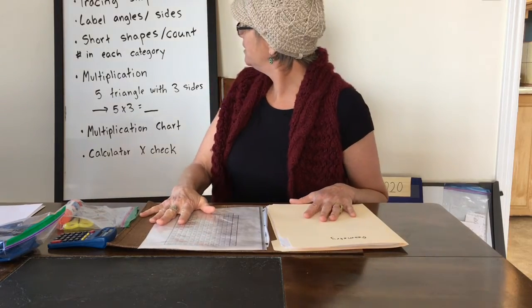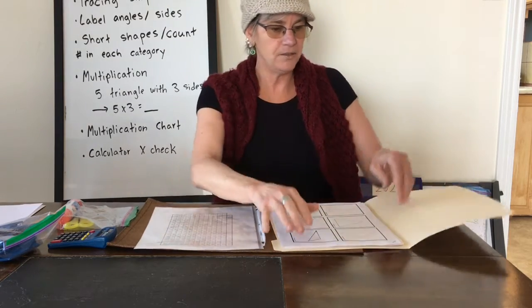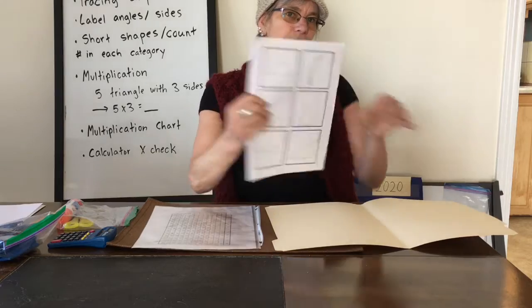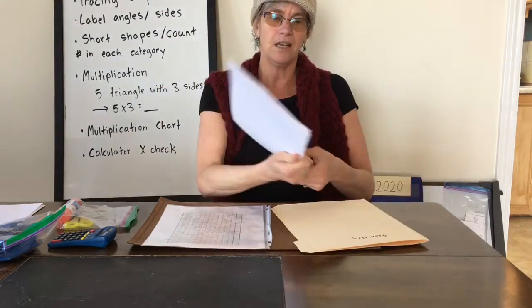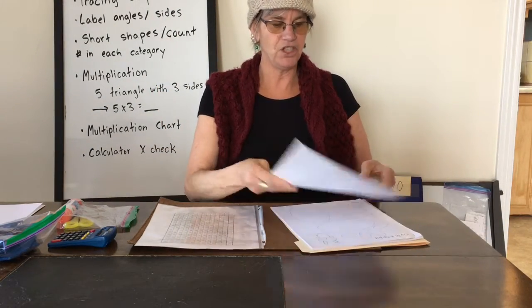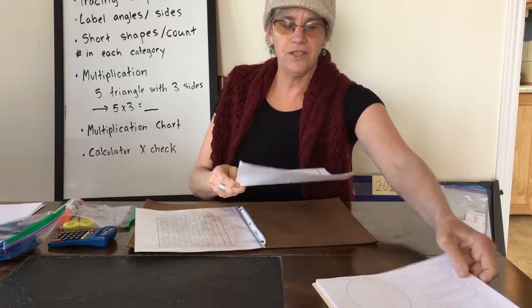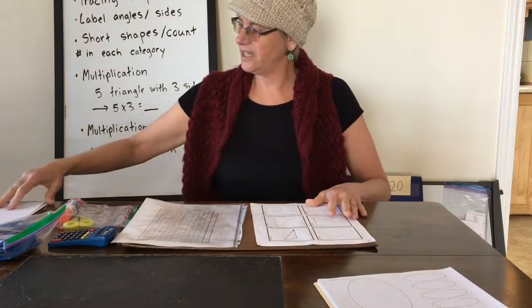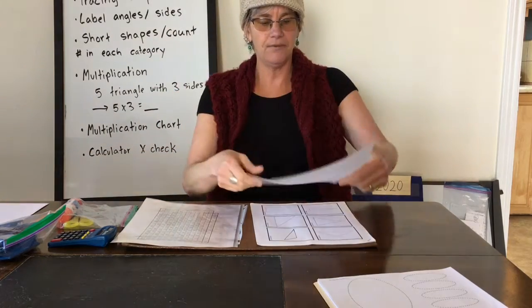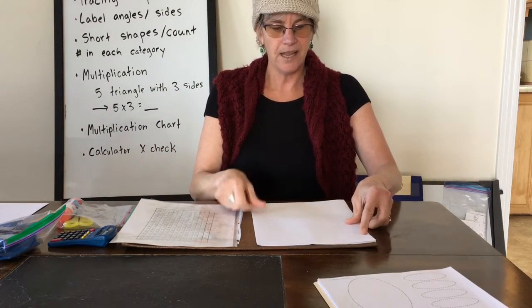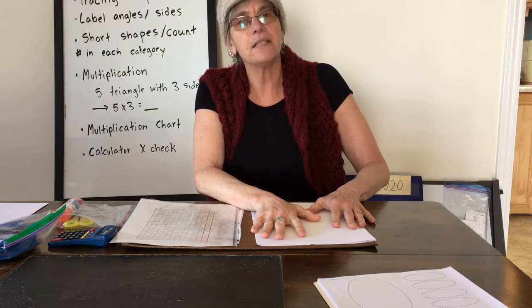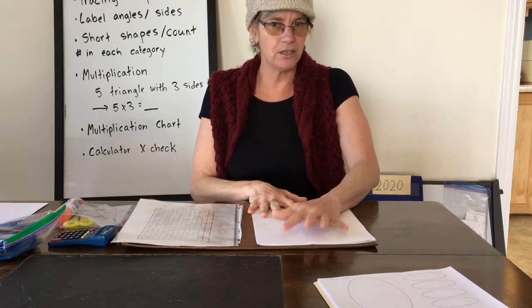The first thing we're going to do is take out our geometry packet, and in the very front you're going to see a packet with a bunch of different shapes. You're going to get a blank piece of paper, cover up your shapes like this, and trace. Today we're just going to be tracing our triangles.